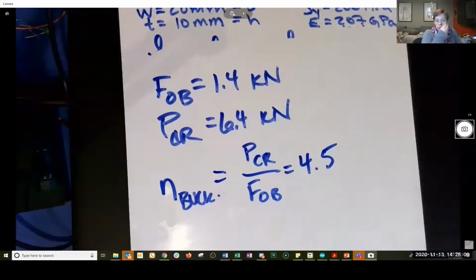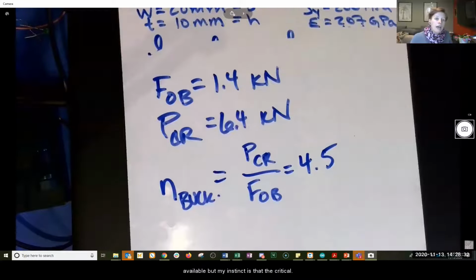And the inertia is going to get bigger. Yes, right? So the inertia gets bigger, the end condition constant gets smaller, the cross-sectional area is unchanged, right? That's okay. Work it out. But I was just wondering if you had it available.